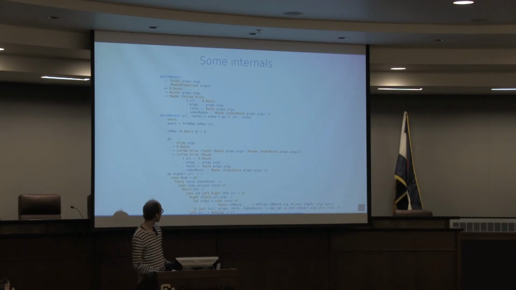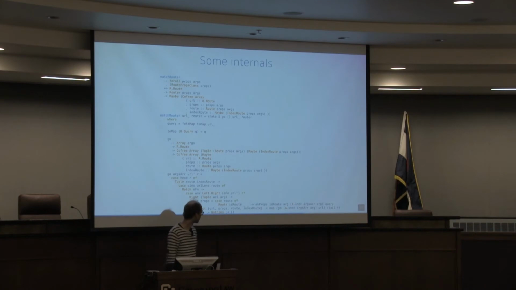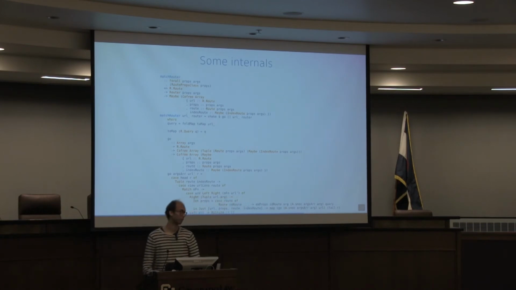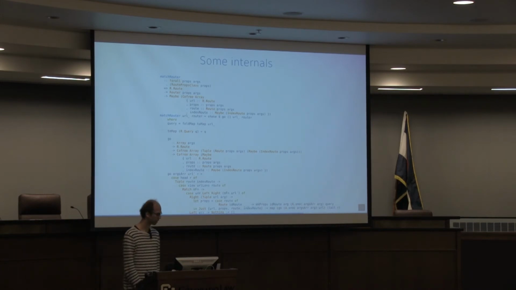If that matches, the matching library returns the rest of the URL that we want to pass further to the children, and the argument that was parsed from the URL, and then we just build the properties and return just the things that we found, and we go inside the array. And if nothing was found, we just return nothing.